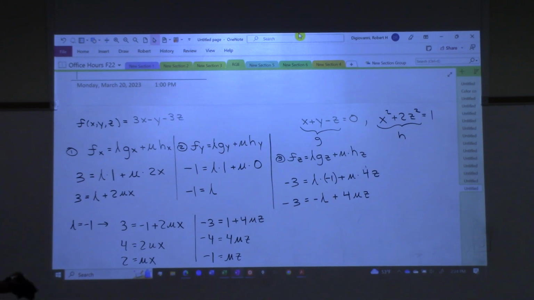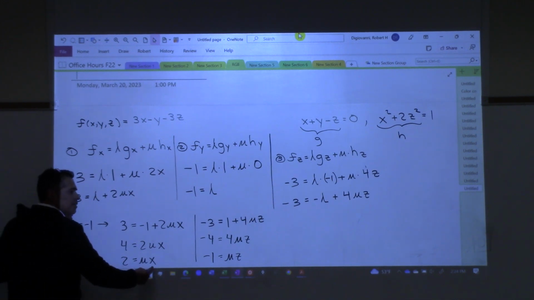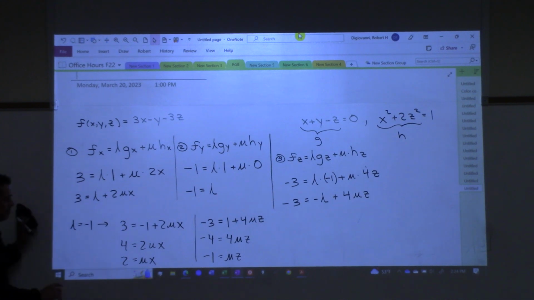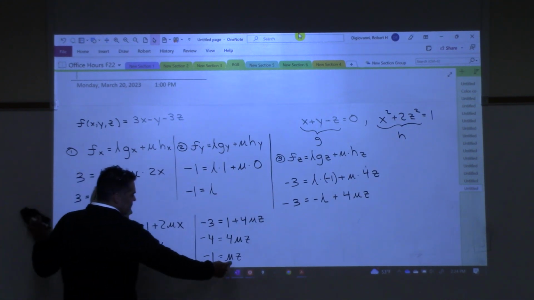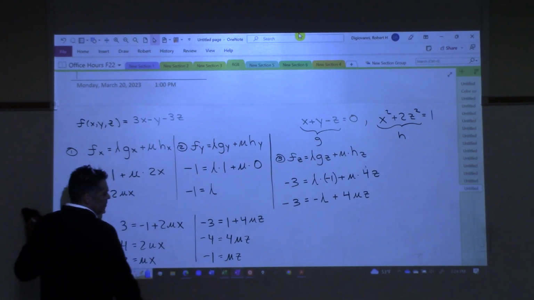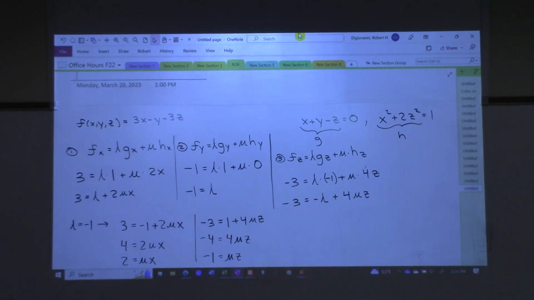If we solve for mu, we have to divide by x, and then I have to promise that x can't be 0. If I solve for mu here, I have to divide through by z and promise z can't be 0. Yeah, there's just different ways you can go with this. We can solve for mu, we can solve for x.